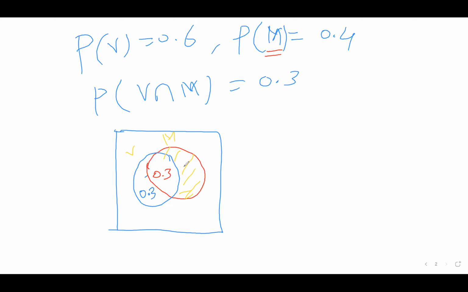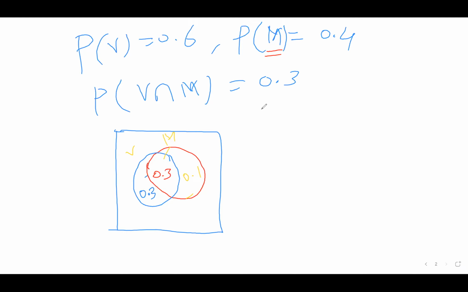If we subtract the intersection part from M, then it will be 0.1, right? So this area is 0.1.